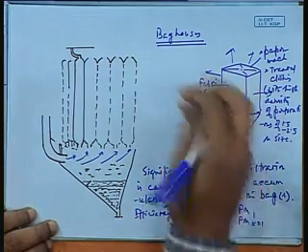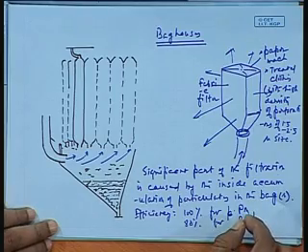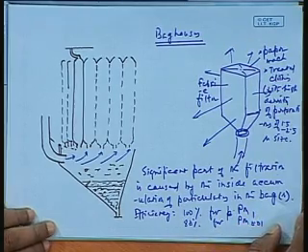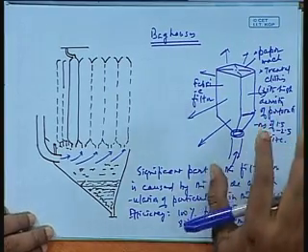So these bag houses are becoming extremely popular nowadays. More and more they are replacing electrostatic precipitators, because wherever new filtering is being done, electrostatic precipitators are being discarded in favor of bag houses.